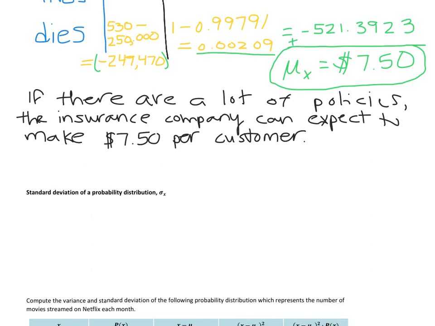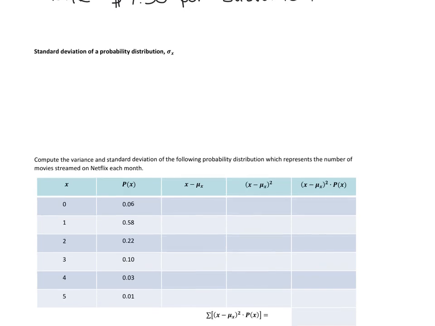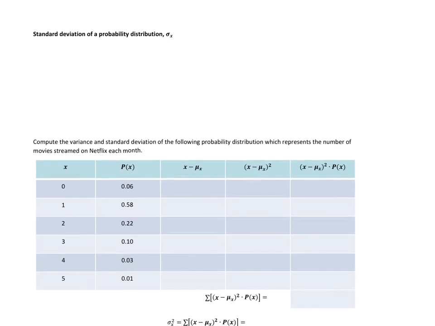Okay, so we've talked about the shape of probability distributions. We talked about central tendency. Now it's our last, the standard deviation of a probability distribution. So let's give you guys that formula. So really similar to, again, the standard deviation formula for grouped data.